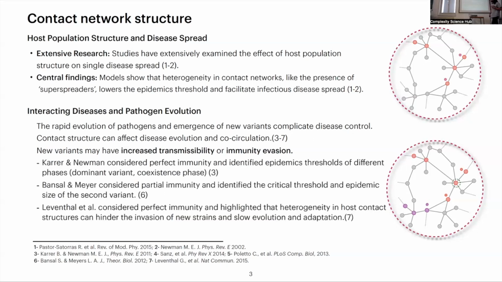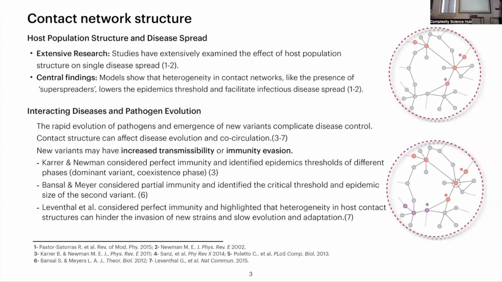Carrer and Newman first considered a situation with two variants competing on a network structure, and they assumed that these two variants have perfect immunity.